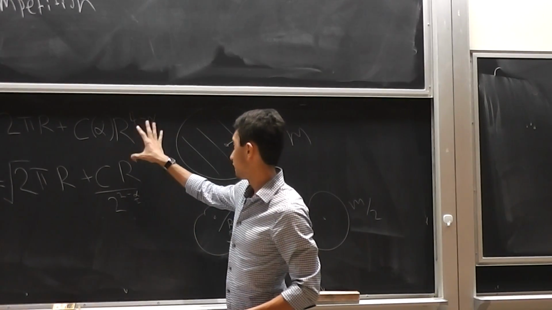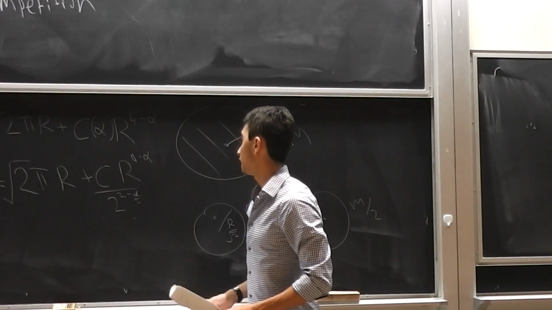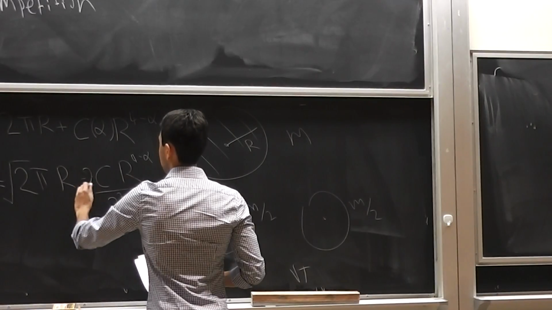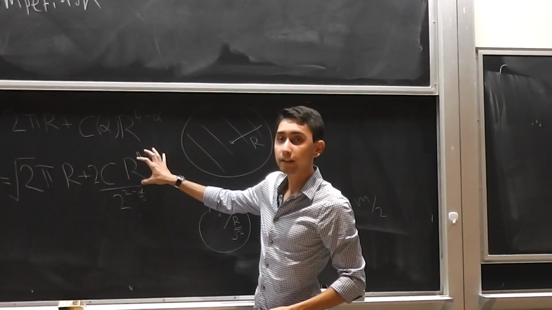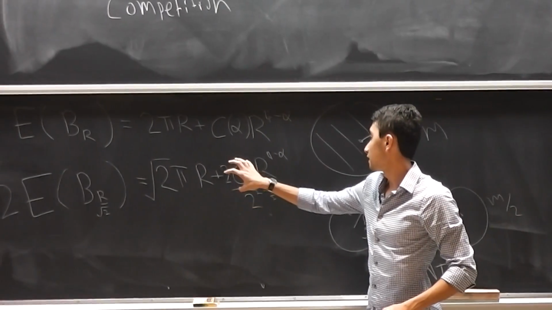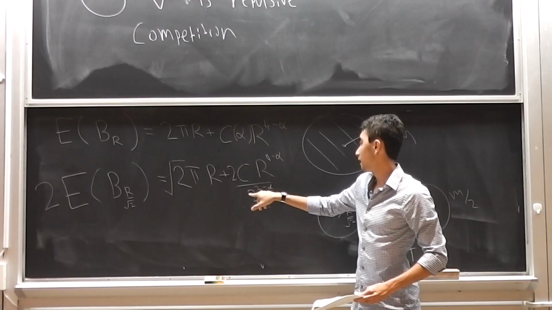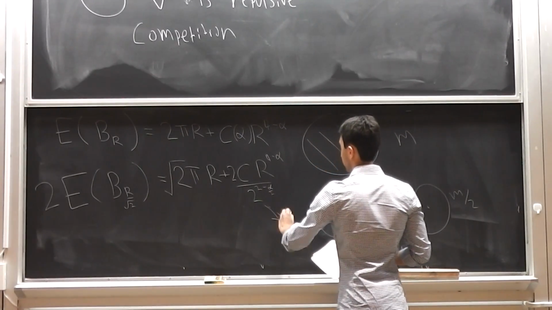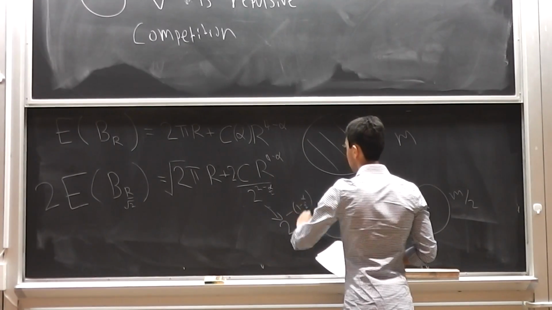Okay. So now you notice that, what does this go like? This goes like r to the 4 minus alpha times c, and I absorbed the 2. And this goes like r to the 4 minus alpha times 2c, so it's going to be 2 to the minus 1 minus alpha over 2.